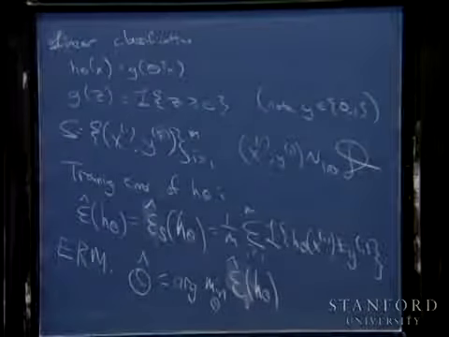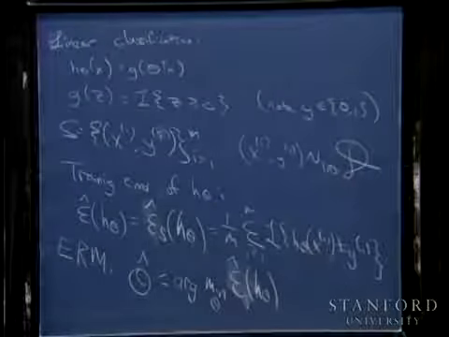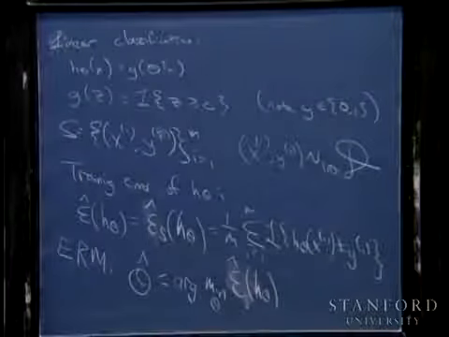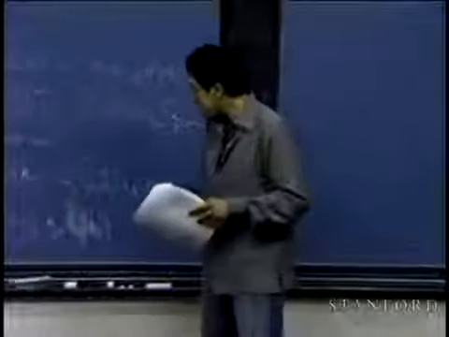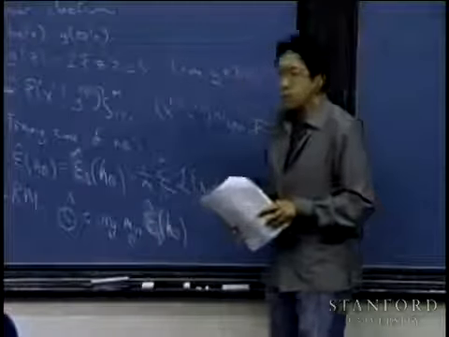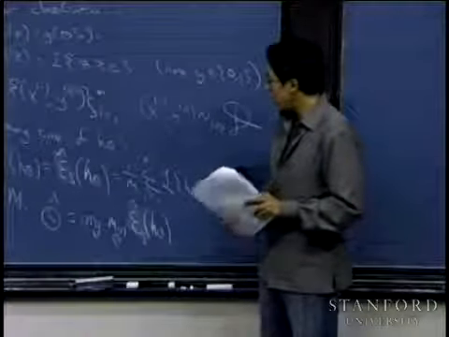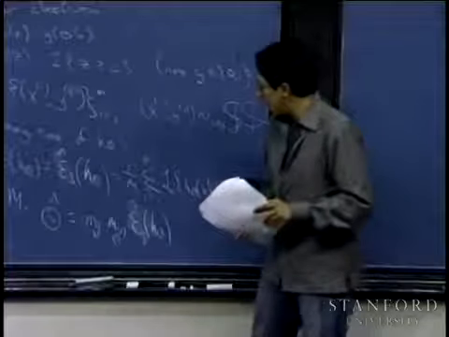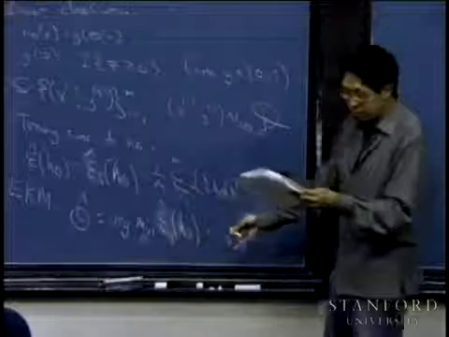So let me take that definition of empirical risk minimization and rewrite it in a different, equivalent way. For the results I want to prove today, it will be useful to think of our learning algorithm as not choosing a set of parameters, but as choosing a function.